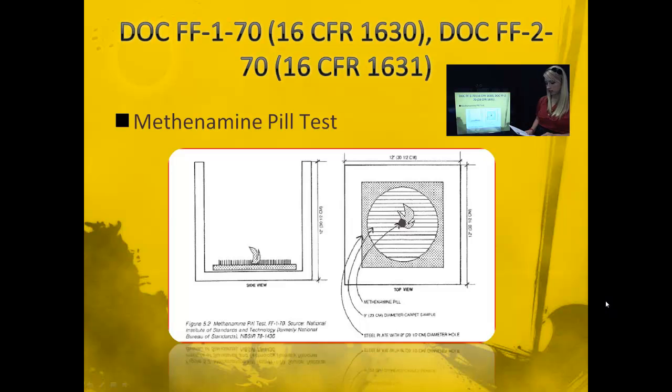The pill test is the next test, and this test is used to simulate the effects a stage 1 fire will have on a material by measuring the response it will have to a burning tablet.